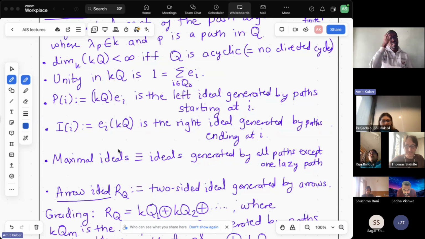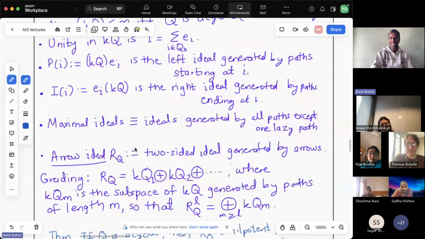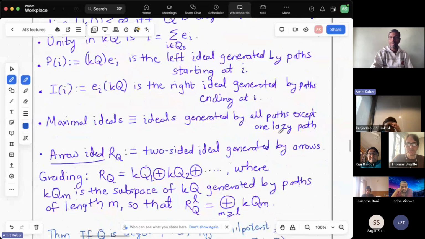We cannot leave out something else. If you leave out one longer path, then you are actually leaving out all the proper subpaths of it as well. So if we want it to be maximal, then you can only leave out one generator of length 0.